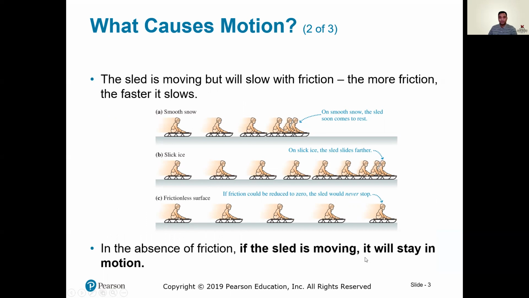And this is not something we see every day. The reason is that you don't see real life surfaces most frequently that are frictionless, but you do see some of them, or at least nearly frictionless. For example, one example could be the bowling alley, right?